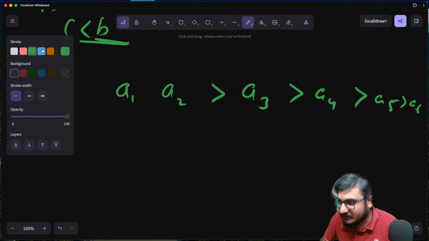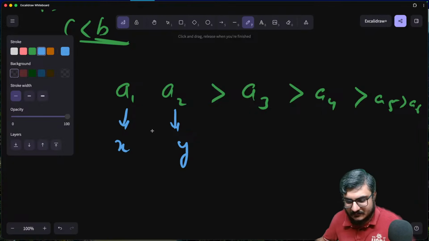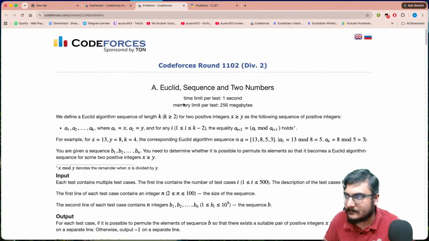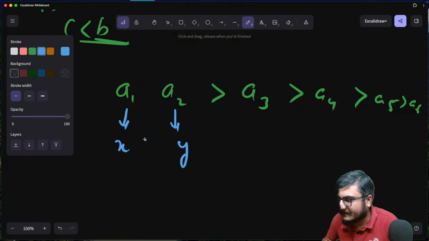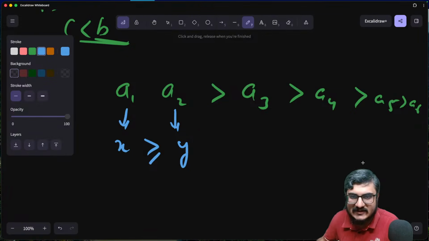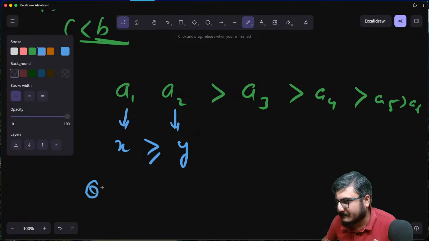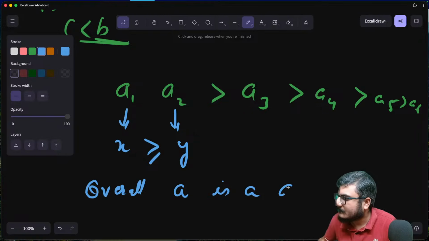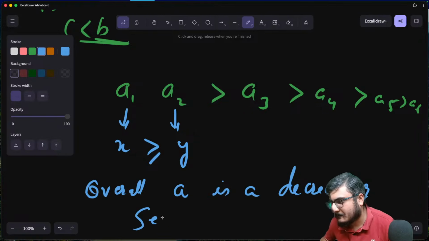And we are also given that A1 is X, A2 is Y, and the problem statement also says that X is greater than or equal to Y. So this means the overall sequence is a decreasing sequence.